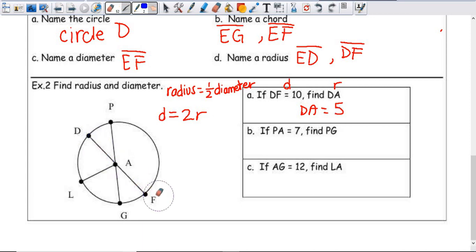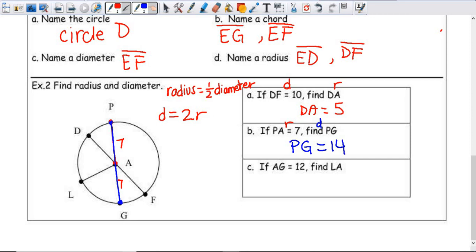Now, let's look at choice B. In B, we are given PA right here is a radius. So let's find PG. Well, PG goes across the whole thing and through the center, which makes it a diameter. So we have to double PA, because I would have 7 here and 7 here, which makes 14.